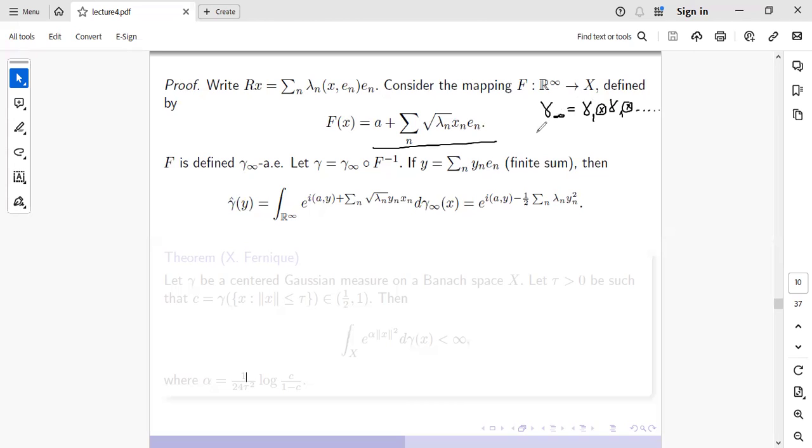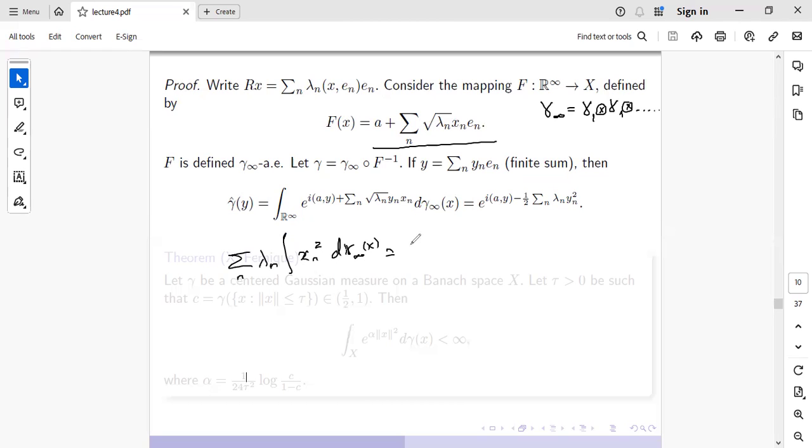And for almost all sequences with respect to this measure, the f will be defined, because if we compute the sum of squares of coefficients, we get sum of lambda n xn squared. And if we integrate it with respect to the measure gamma, the integral is equal to 1 now.